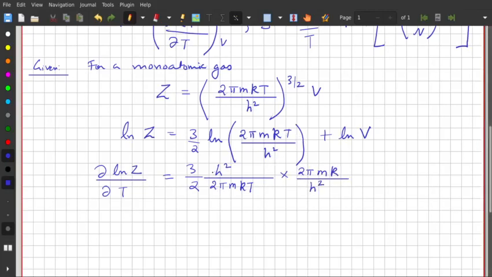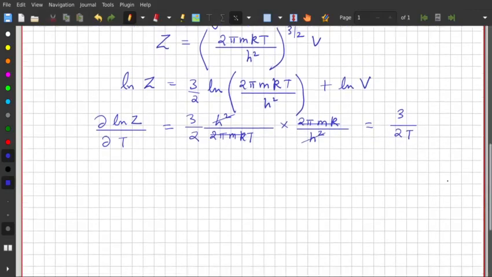Okay, so basically h squared gets cancelled, 2 pi m k gets cancelled, and we are left with 3 over 2T. Okay, so the internal energy becomes 3 over 2 T.